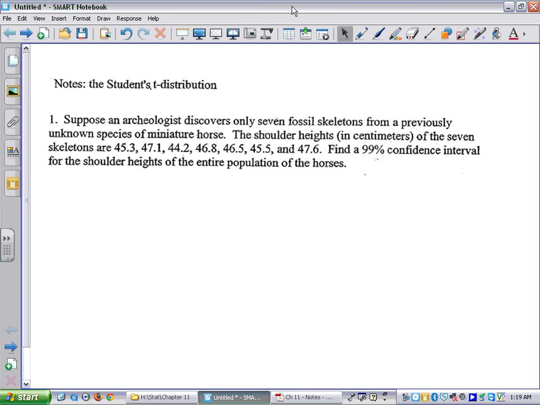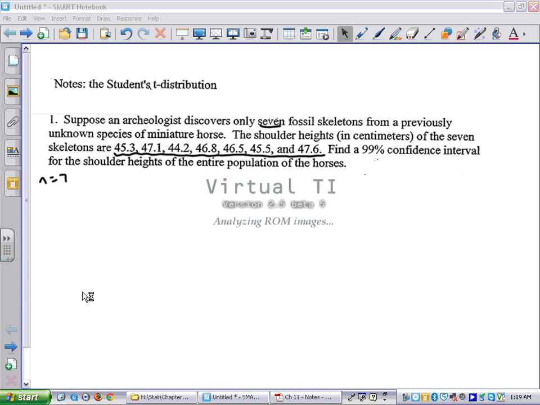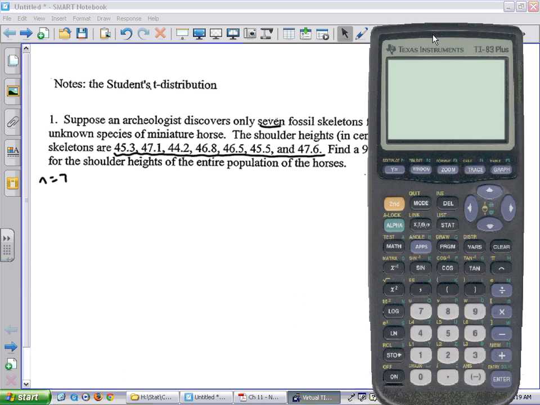So let's go through all the steps, starting with the givens that I usually like to write down perhaps on the left side. So we've got some data here, and I'm going to type this into my calculator, but I can see, of course, looking at this, that I've got n equals 7. And let's go ahead and grab the calculator and type these data points into it.